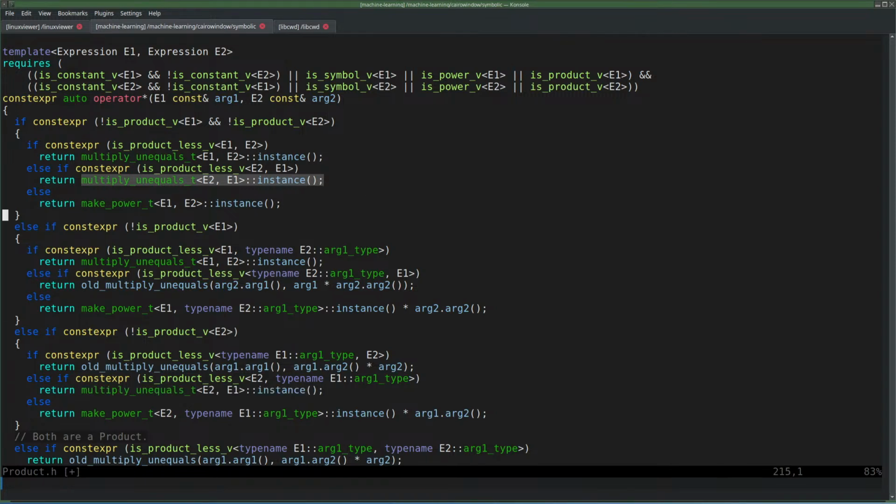And then we have a few that still use the operator star. But we can do the same as with the make power, make a start anyway.